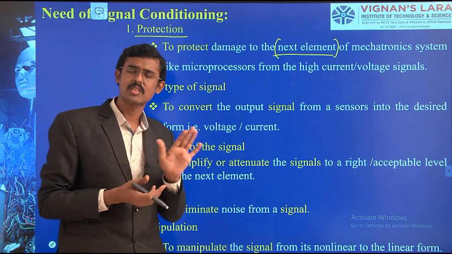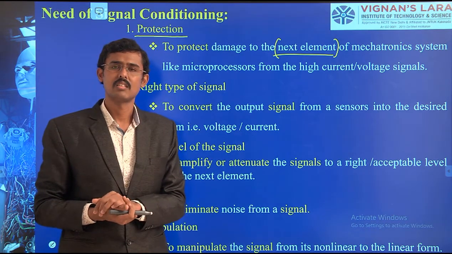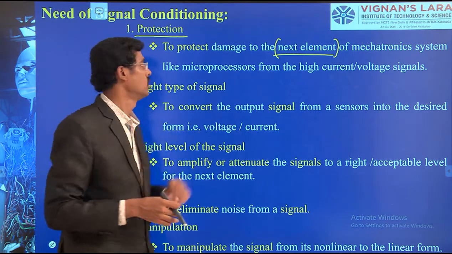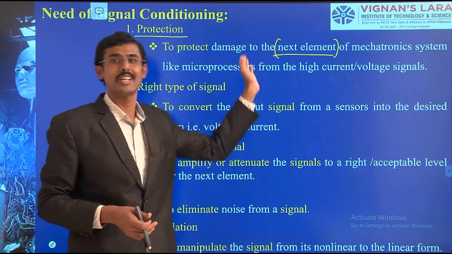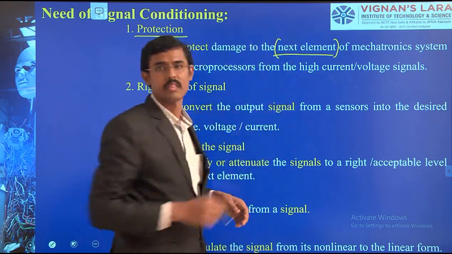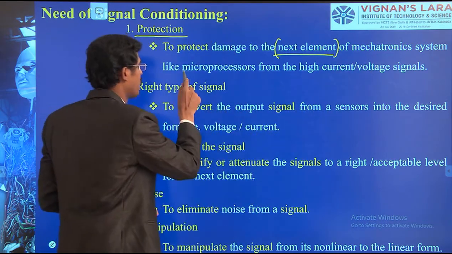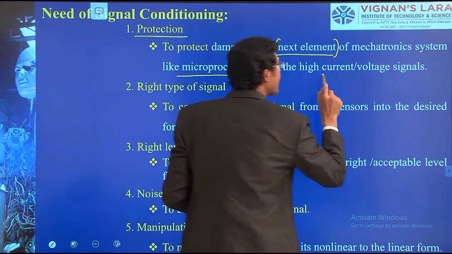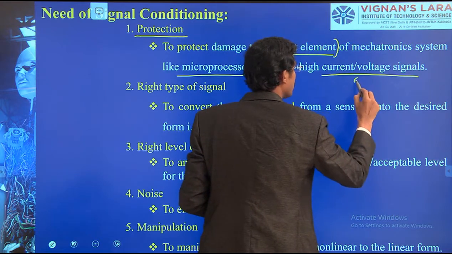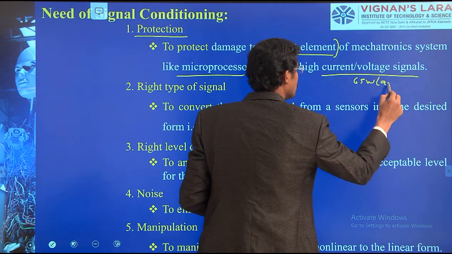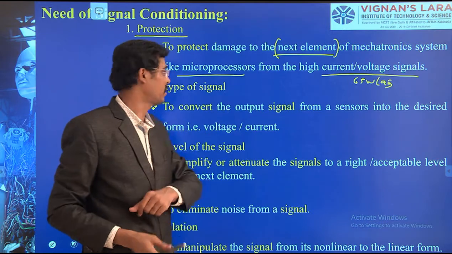Similarly, this all comes under noise reduction and signal reduction processes. Likewise, we protect the next element of the mechatronics system, like microprocessors, from high current and voltage signals. That is what I told you, 65 watt or 90 watt.